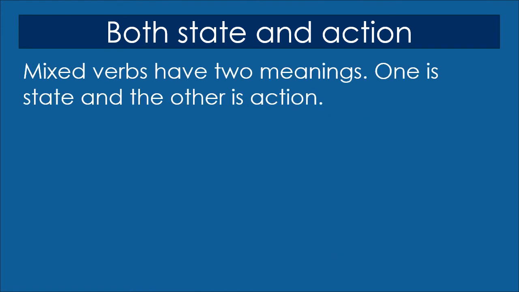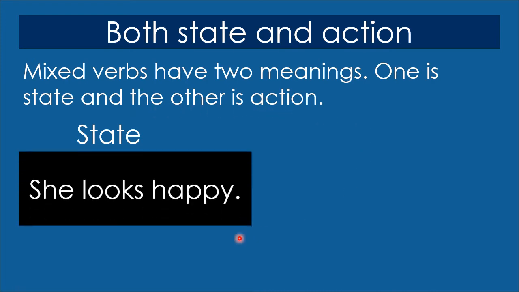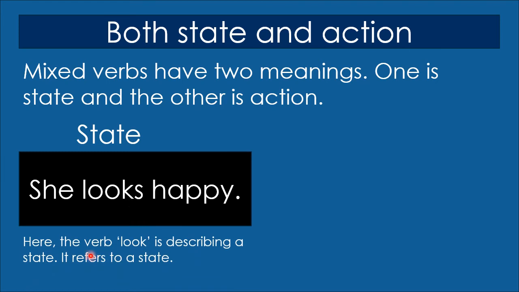One more example. Mixed verbs have two meanings. One is state and the other is action. Look at the sentence. She looks happy. Here, the verb is look. The verb look is describing a state.